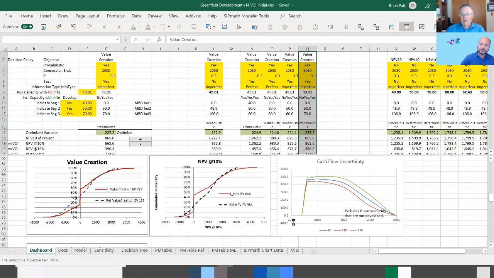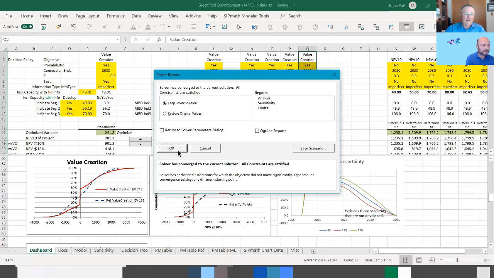Either I'm going to get segment 2 or I'm going to get segment 3. So when this one finishes, what you're trying to determine is, given the imperfect information, given the uncertainty, if it happens to be in segment 2, what's the optimal capacity? That's correct.